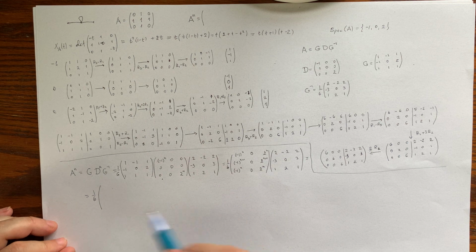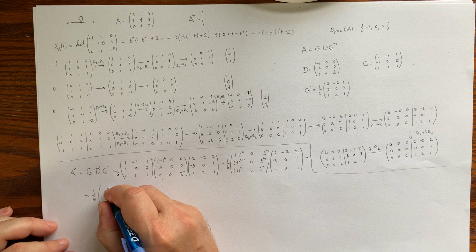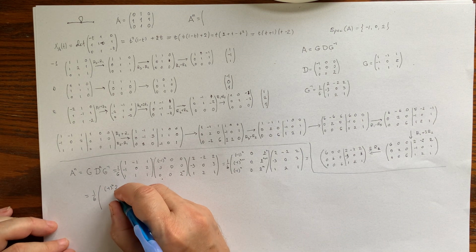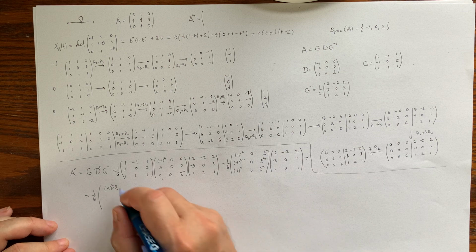So the first entry here is the product of this row and that column, and it comes as negative 1 to the power n times 2, and 0 kills negative 3, and then 2 to the n.